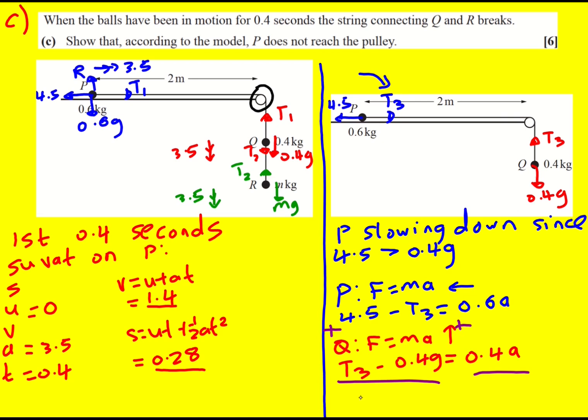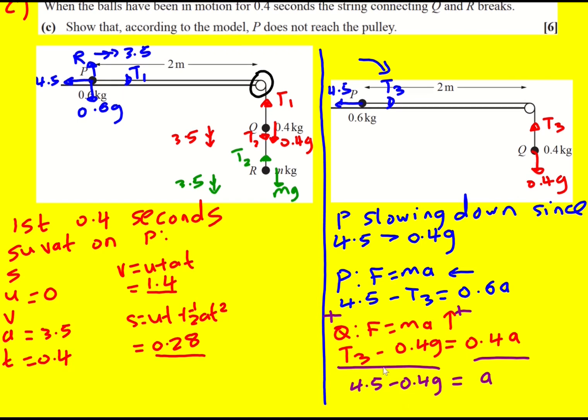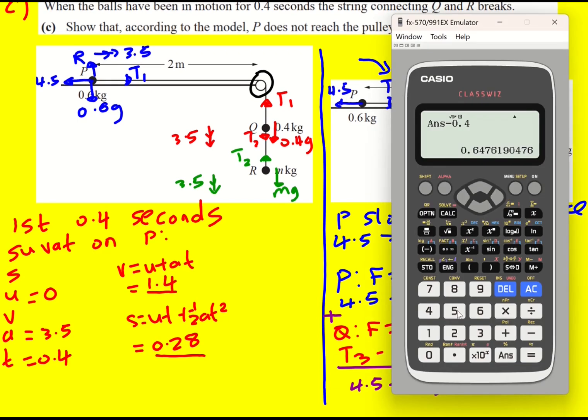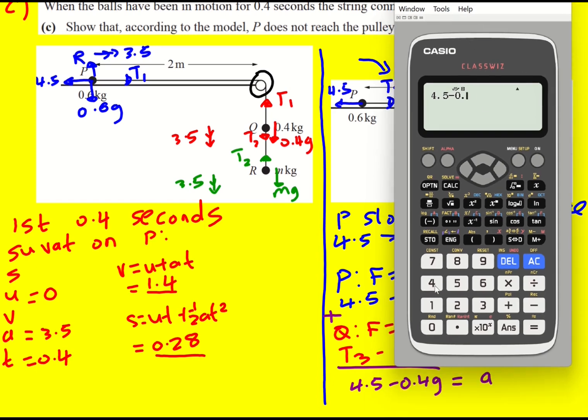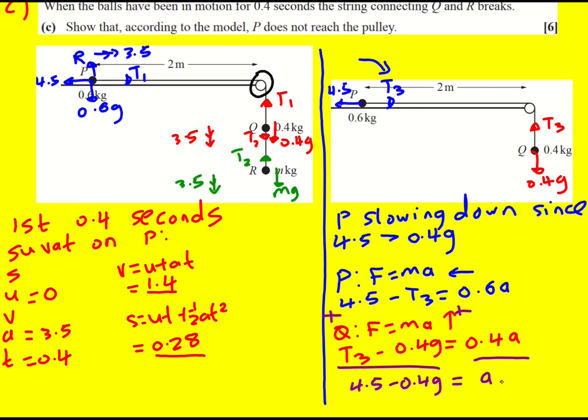The T3's cancel, and I'm left with 4.5 minus 0.4 G is equal to a. We've got 0.58 as our acceleration.